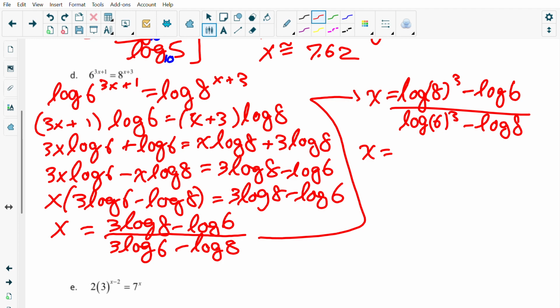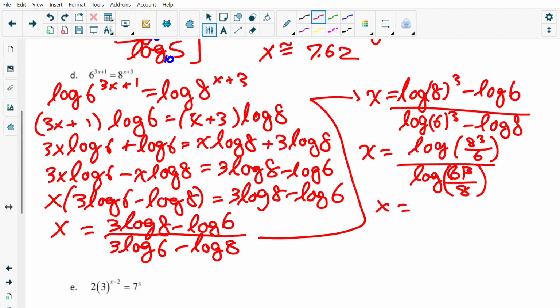Okay, quotient law on the top. Remember, I'm subtracting two logarithms, so I'm going to divide them, right? Divide the arguments. So that's log of 8 cubed divided by 6, over log of 6 cubed divided by 8.